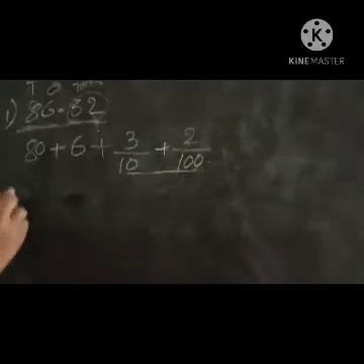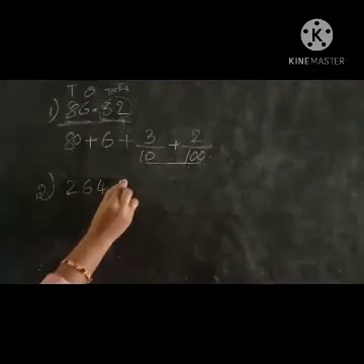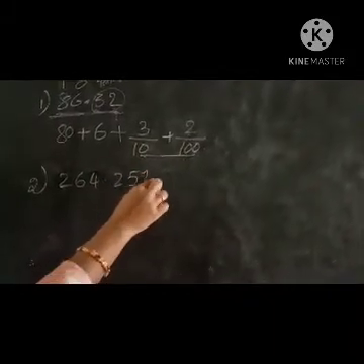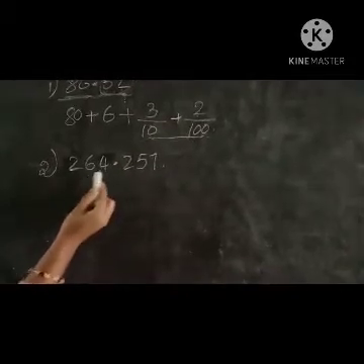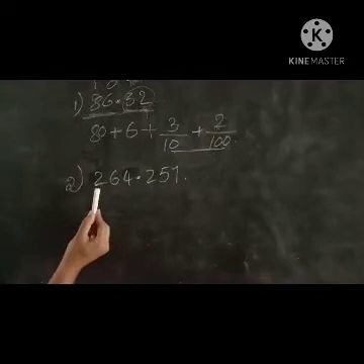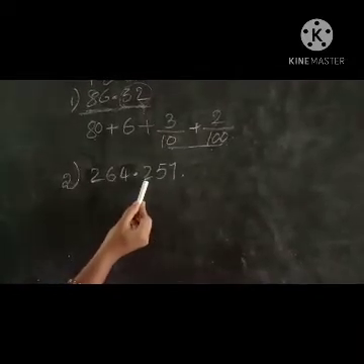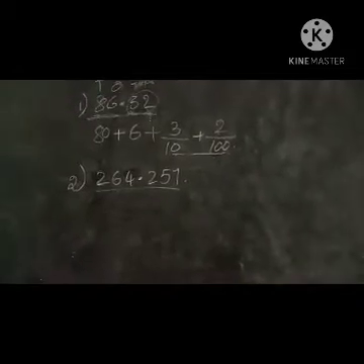Now see the second sum, children. 264.257. What is the question here? 264.257. This is the question. Here, what is the decimal part?